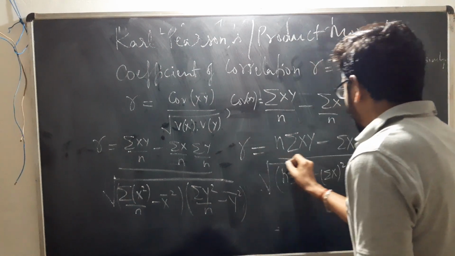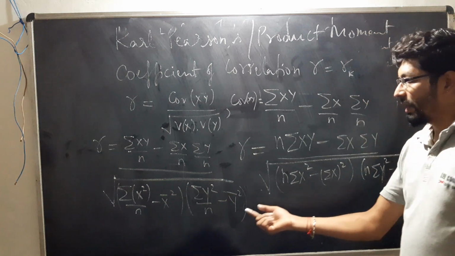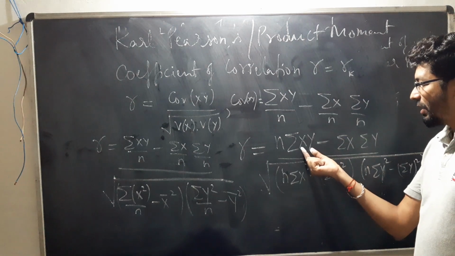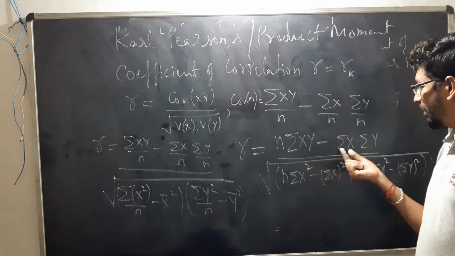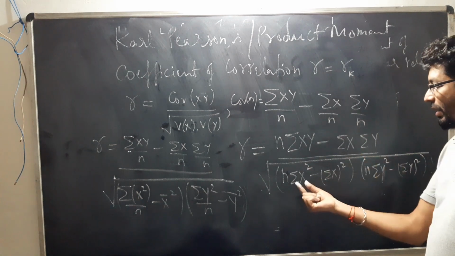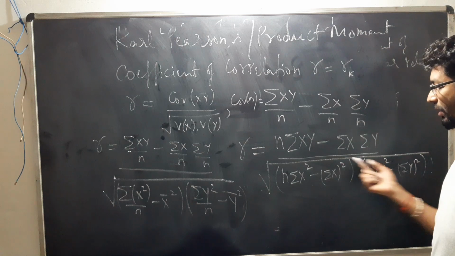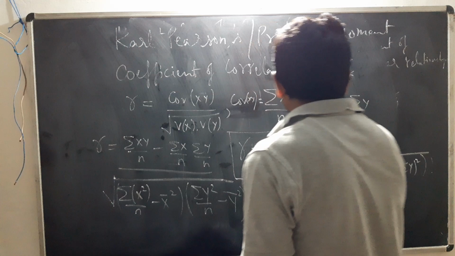This formula is easier to memorize, and it avoids the calculation of mean as well as variance. If you have been given the values of x and y, multiply them and obtain the total, obtain the total of x, total of y, square the values of x and obtain the total, square the values of y and obtain the total, then just substitute those values here. That is your Karl Pearson coefficient of correlation.